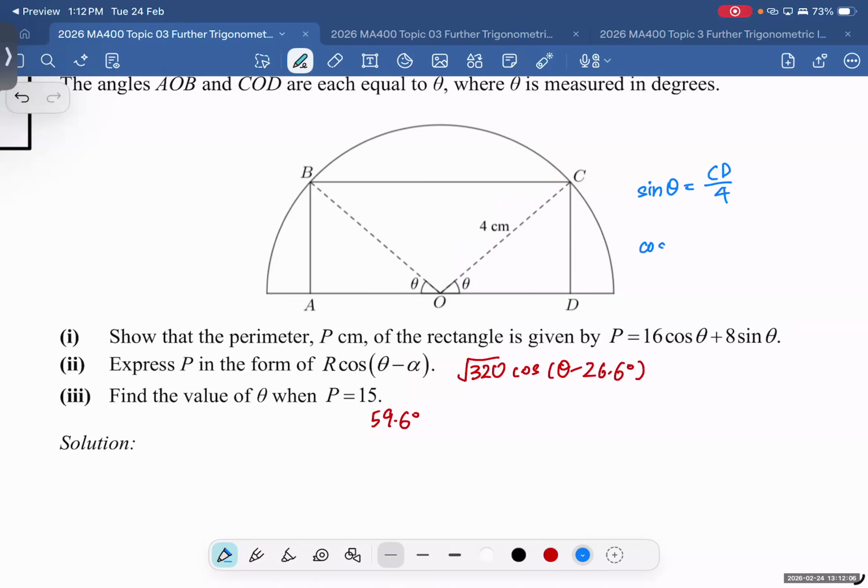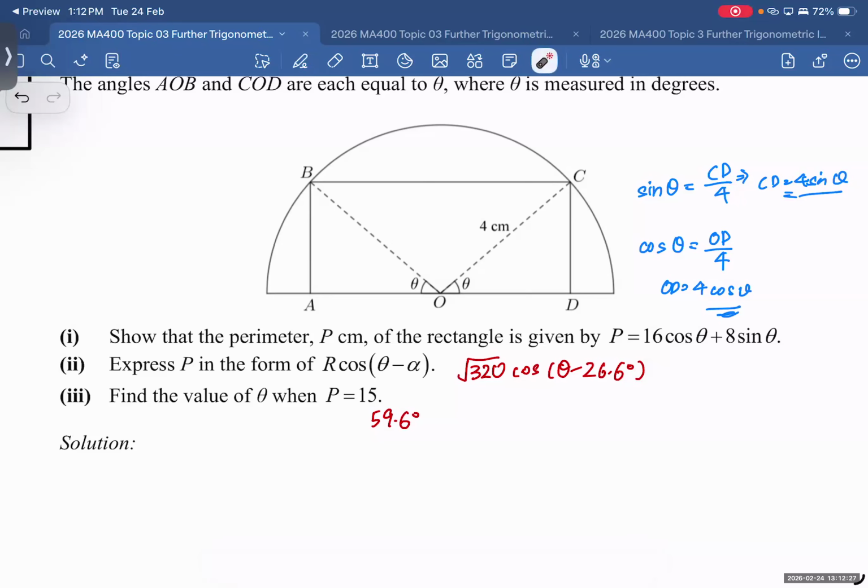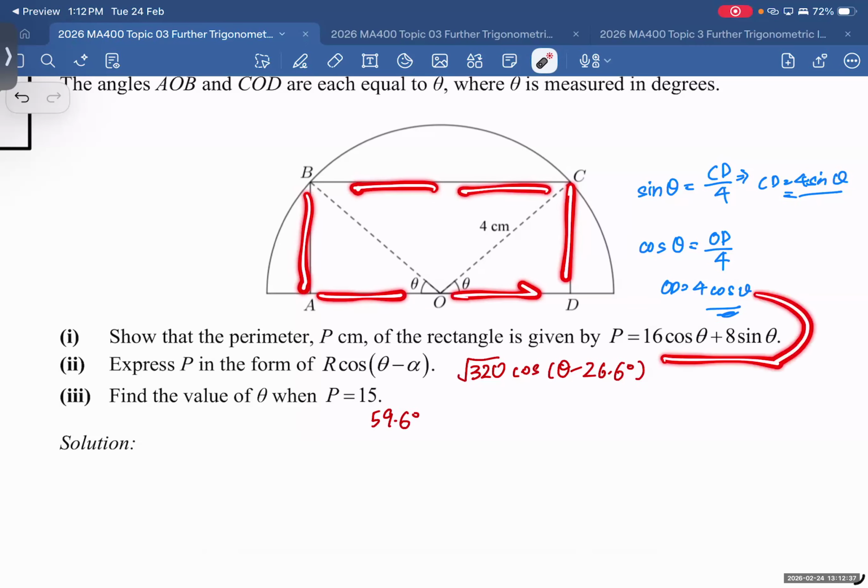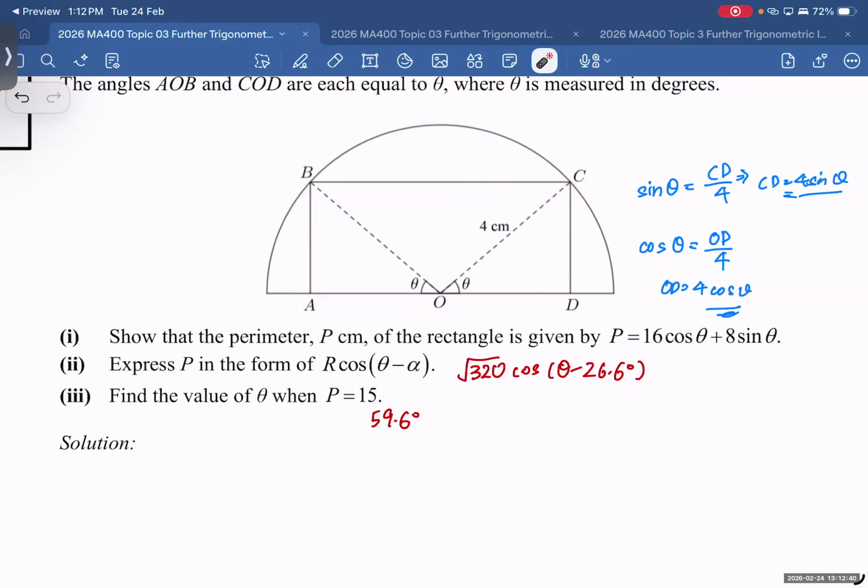Can I say that cosine theta is OD over 4? From here, you know what to do. So now OD is 4 cos theta. Here, CD is 4 sine theta. Once you have these two, then you can also see that 2 times CD will give you the width, 4 times OD will give you the length. So that added together will give you the perimeter. Should be okay.